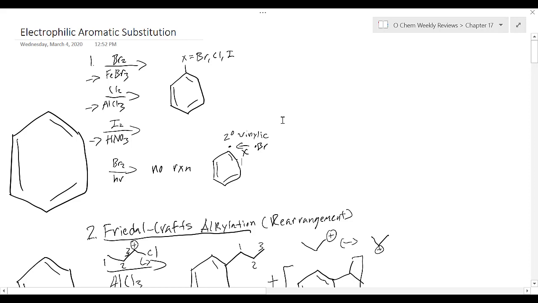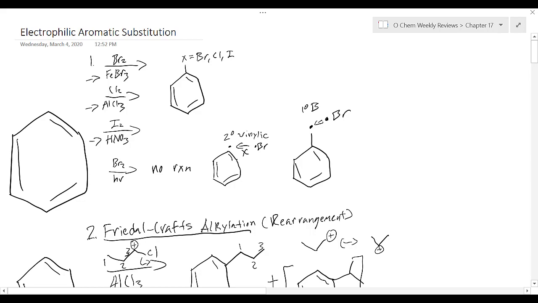Br2 will only react radically if I have something like this, or not even that, if I just have that. So I'm going to add a radical right here. This is primary benzylic. Now my radical bromine can attach.